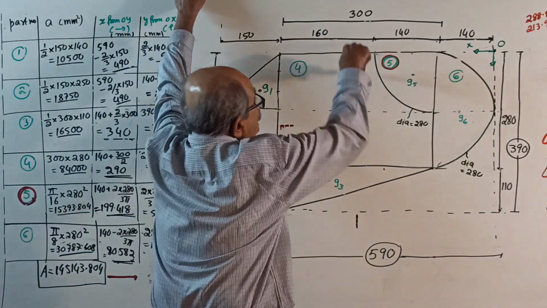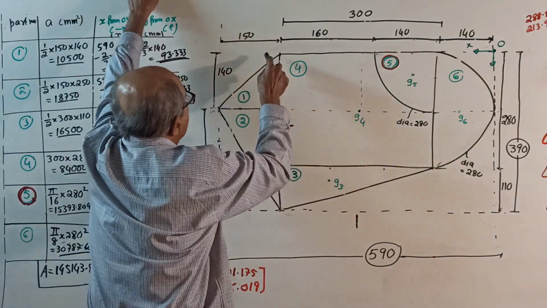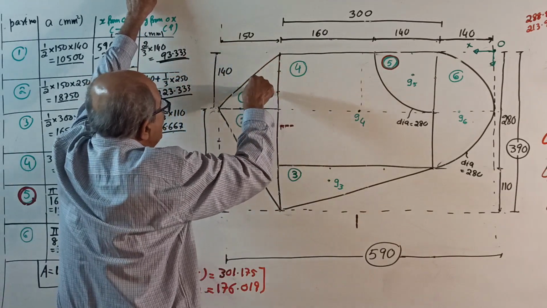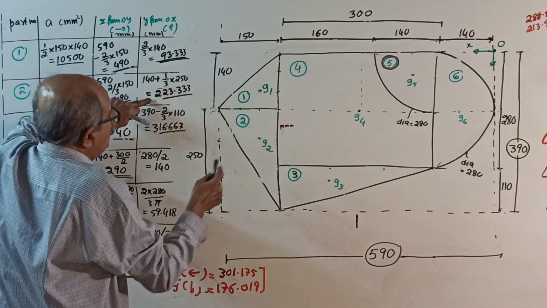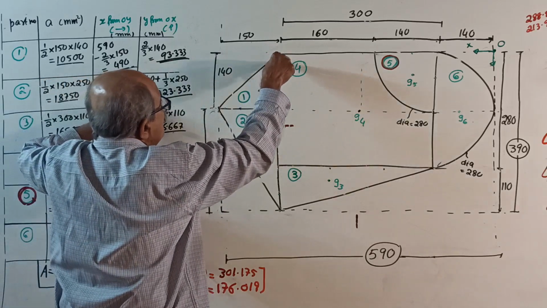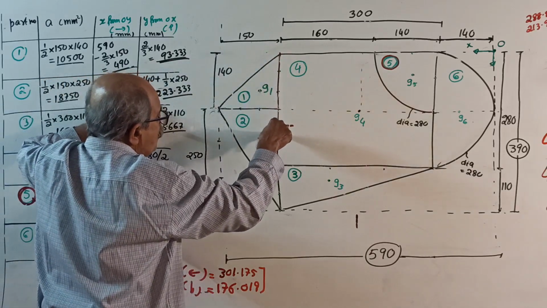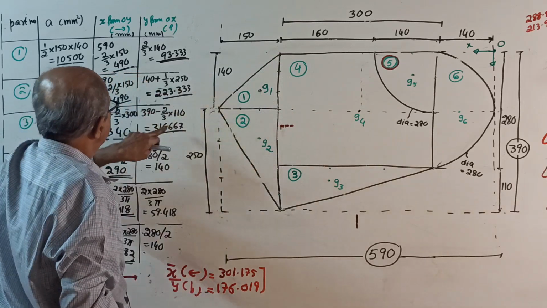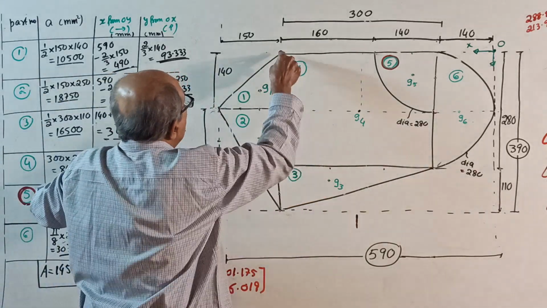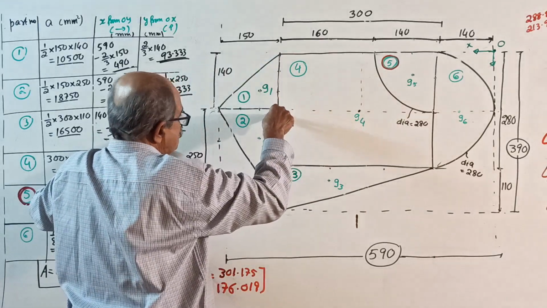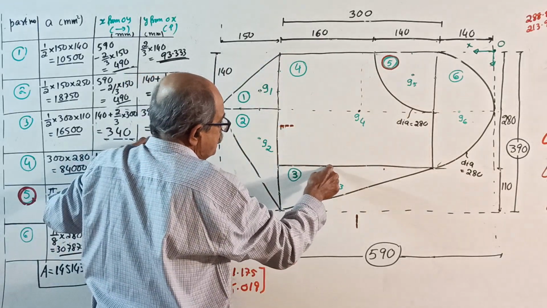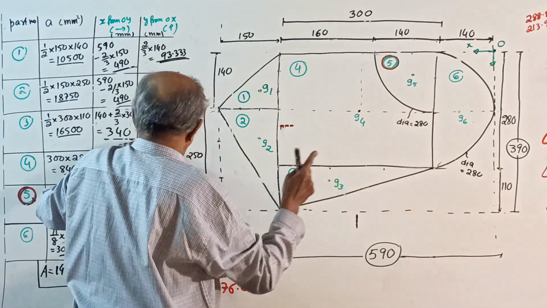Y from the top now, this way. Y1, see here, 2 by 3 of 140. Y2, 140 plus 1/3 of 250. Y3, 140 plus 250 plus 1/3 of 110.